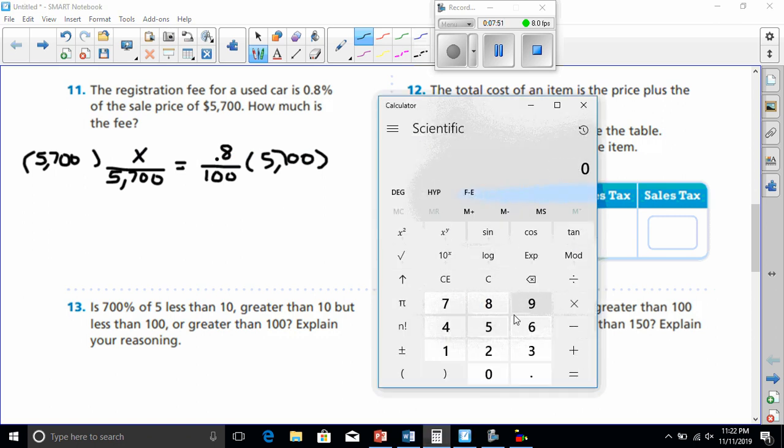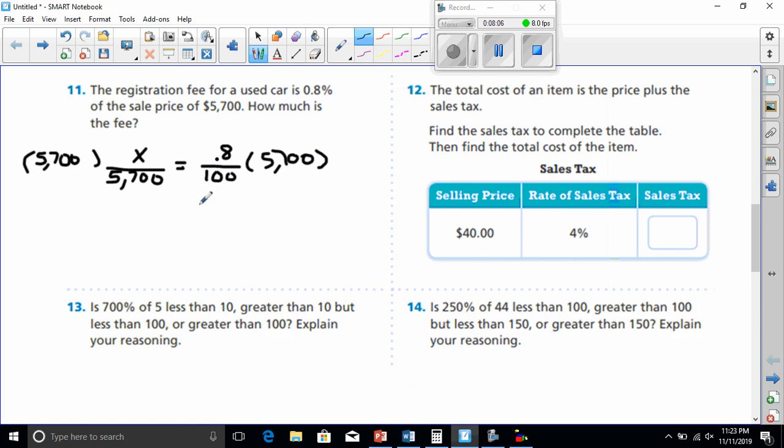So let's do that. 5,700 multiplied by 0.8 will give me, looks like 4,560. So I'm going to have 4,560 over 100. So I multiply these two and I have to divide by 100. That's what x is going to equal.